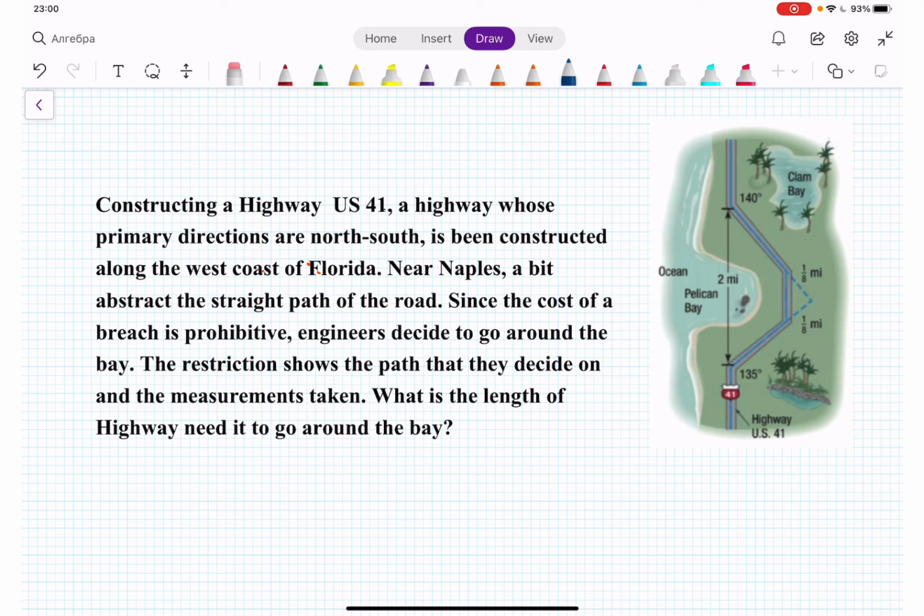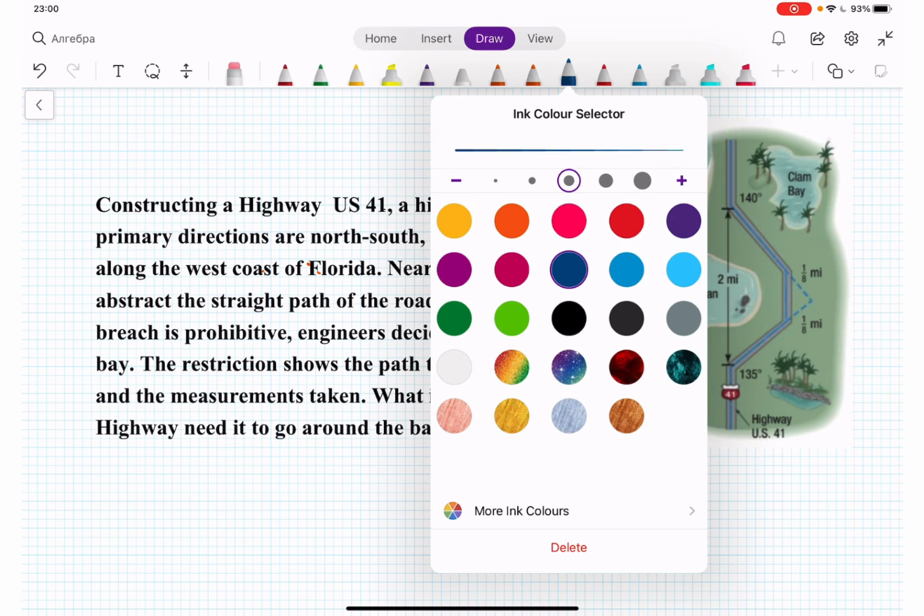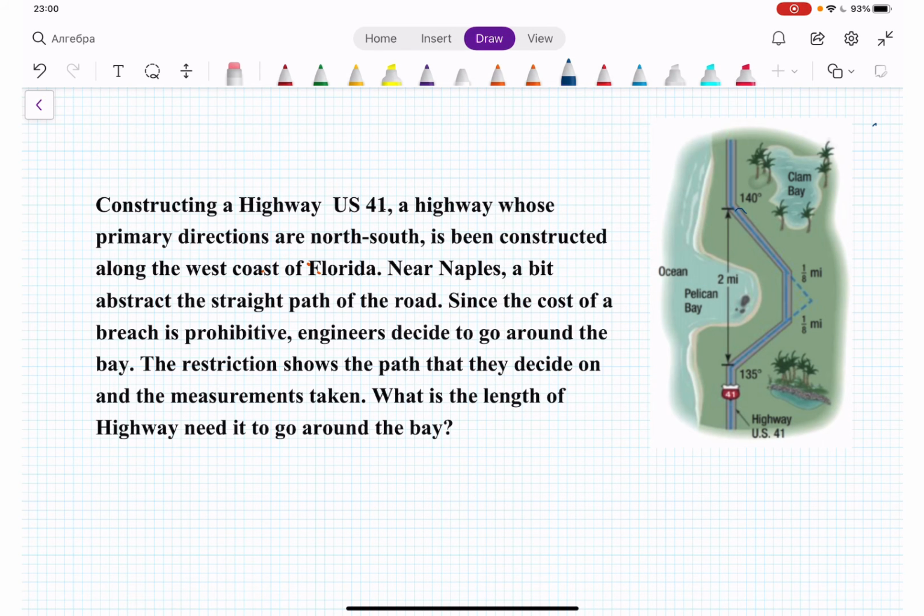Here it is, they are going around that bay. See that? So this is how they are going around. There we go. Around the bay. The illustration shows the path that they decided on and the measurements taken. What is the length of the highway needed to go around the bay?